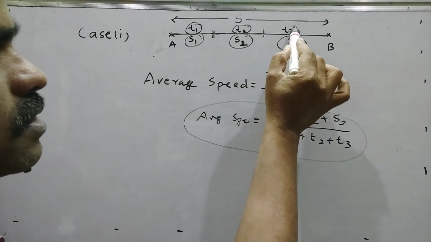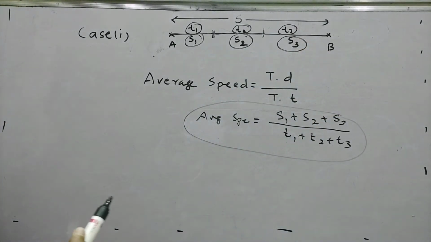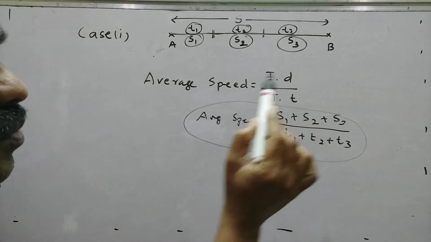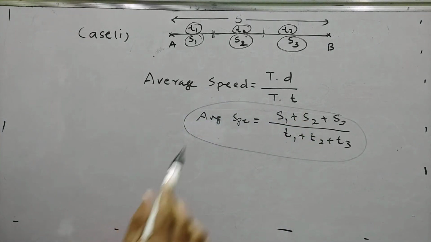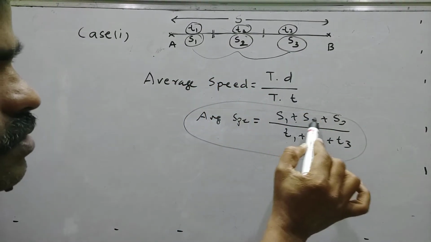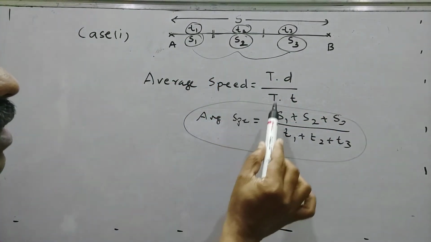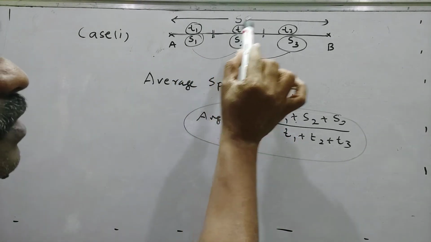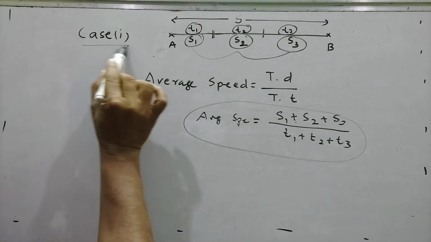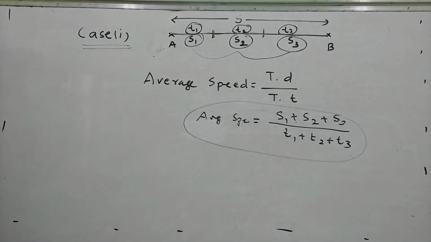For S3 distance, the time taken is T3. So average speed equals total distance by total time. We add these three distances, S1 plus S2 plus S3, and the total time is nothing but T1 plus T2 plus T3. This is average speed for case 1.